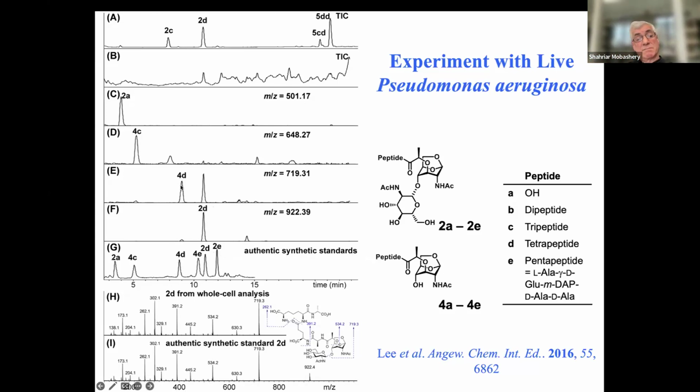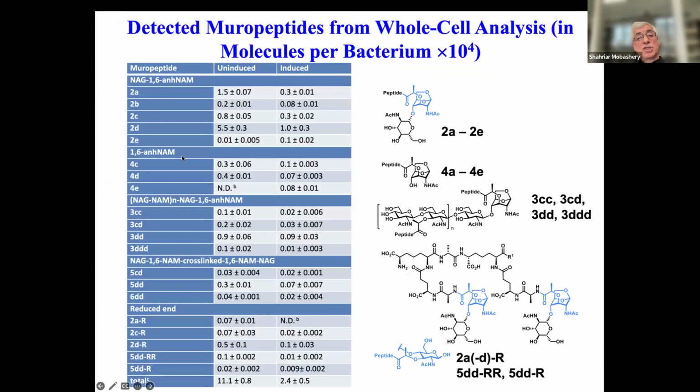So she would go and by LC, compound 4D matches with one among the standards, and then so on. So compound 2D matches with authentic sample, then the matching by mass spectrometry to make sure that all is well. So what she did, in the absence of antibiotic, she identified 20 different compounds and quantified them. So you see here, it says molecules per bacterium times 10 to the 4.